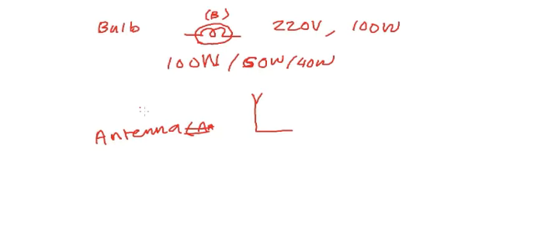Okay, let us try to understand this. V is equal to Vm sin omega t. What is omega? Omega is the angular frequency.